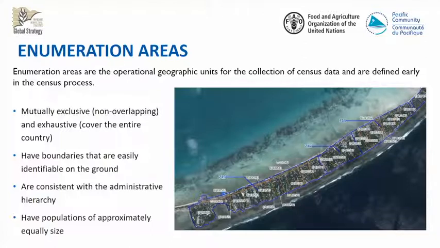This is more or less the geospatial element in census and stats data collection. Enumeration area: definition. These are the operational geographic units for the collection of census data, and are defined early in the census process.